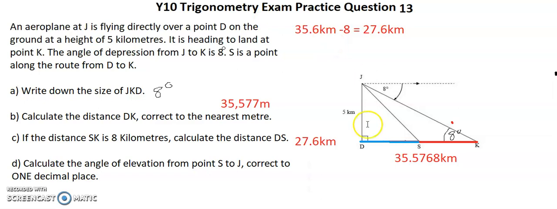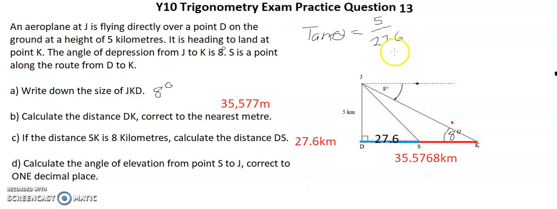We also know our height is 5 kilometers. The next thing we need to be thinking about is how to get the angle. So this is where we've got our opposite and our adjacent, so we're using our tan ratio. Tan alpha is equal to 5 opposite over my adjacent, which is 27.6.